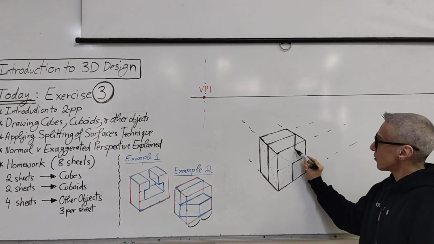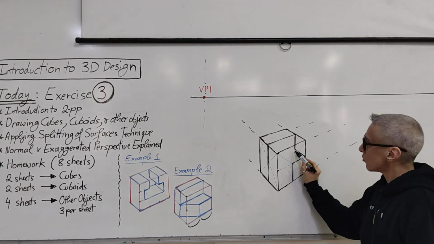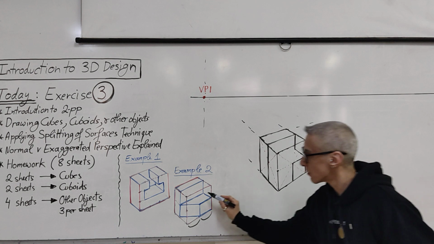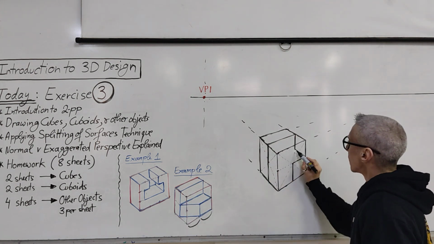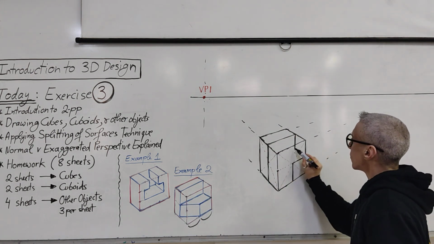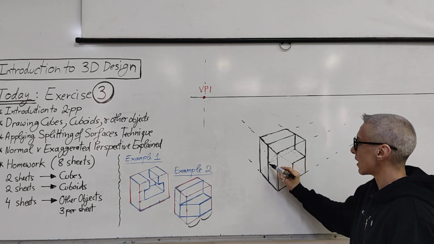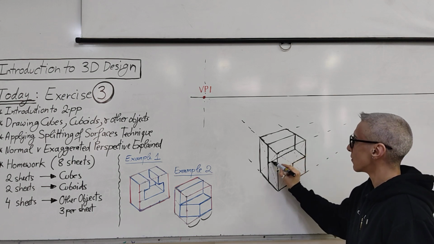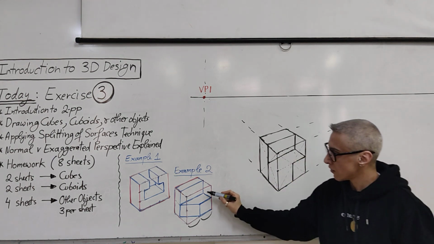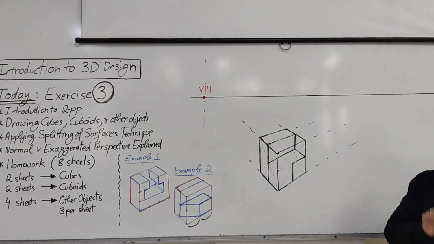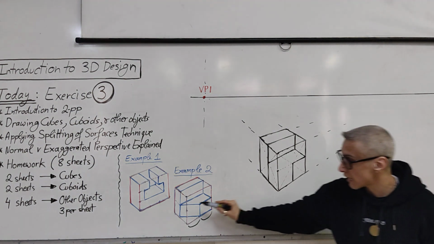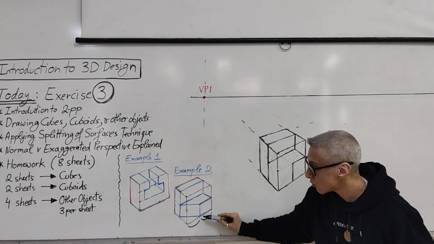Now, from this point to the vanishing point to find this line here. This line, okay? So this here go to the vanishing point. Continue, continue, continue. Okay, so this is the line that we want. Which line is this? This line. And now the final step, I will connect this with this point and this with this point.